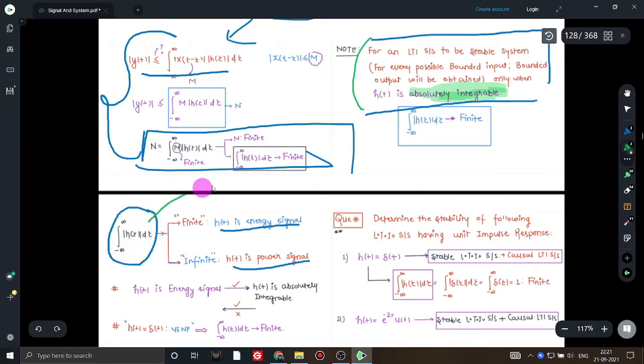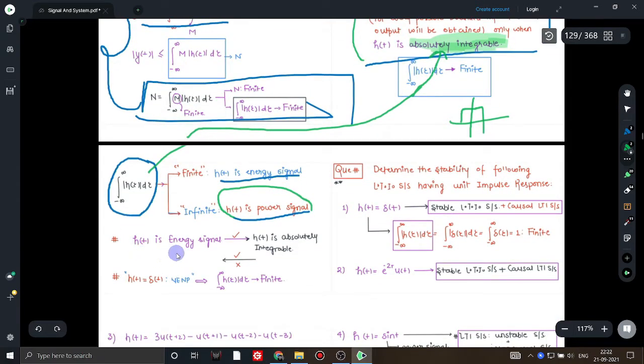This is the condition for absolutely integrable. If it is finite, then it is an energy signal, and as you all know, all finite signals are energy signals. And if this integration is infinite, it is a power signal.